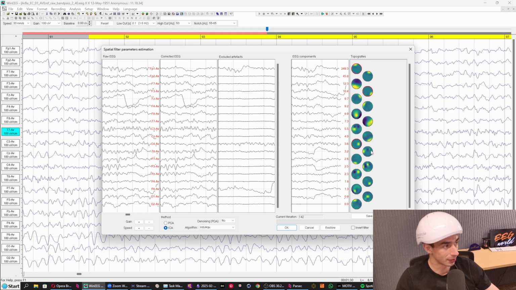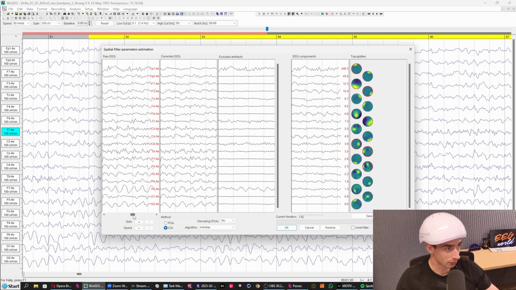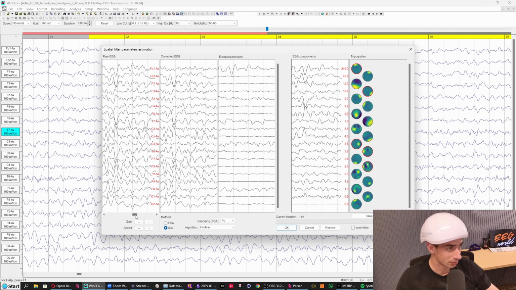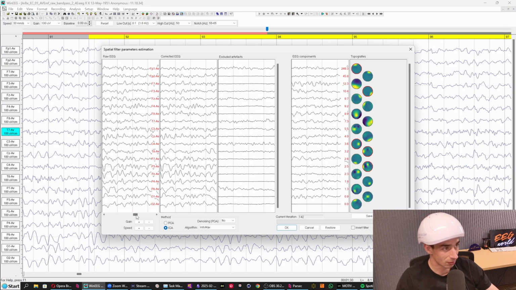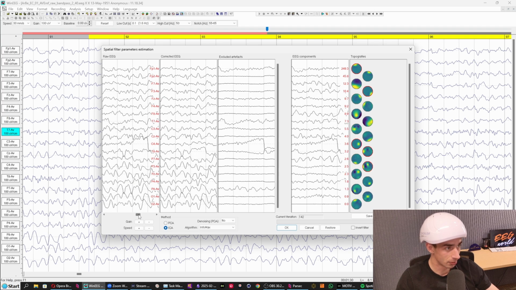I can see there's nothing that's really going to totally pull that out. If we take out these two, our question is, is this also removing genuine EEG? So far, it looks like it's not doing that bad of a job.